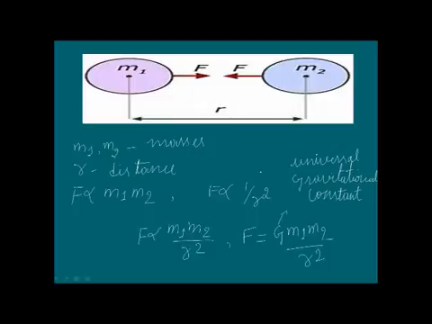So here in this figure also we can see the force F is shown, isn't it? And this force F is nothing but the attractive force, or the mutual gravitational force, between the masses of the bodies, that is m1 as well as m2. So this is the first fundamental law.